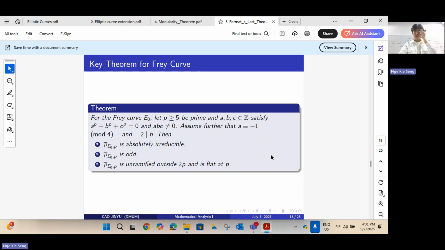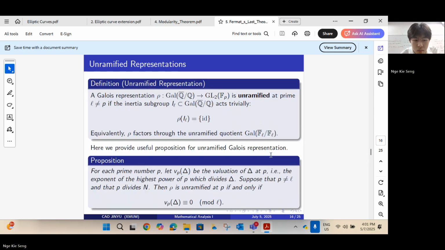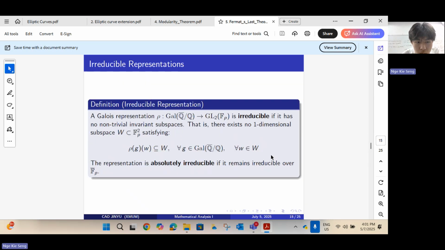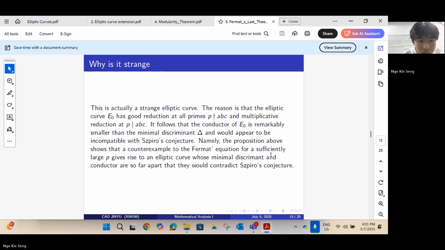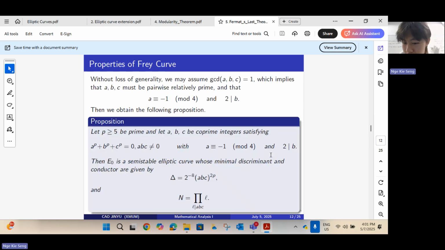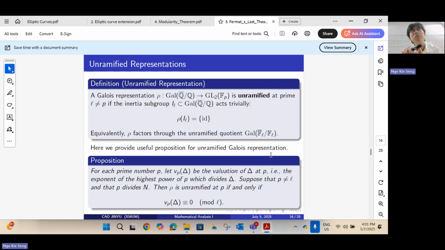Other question. Yeah, this is... it's 16. 16. Systems in English. Here. This system.